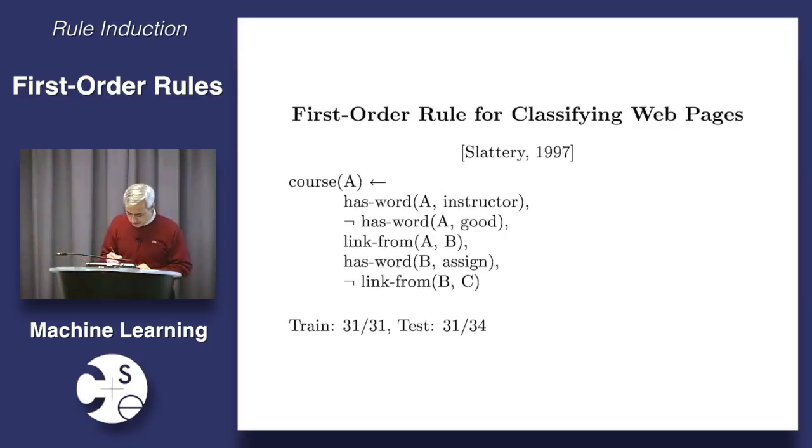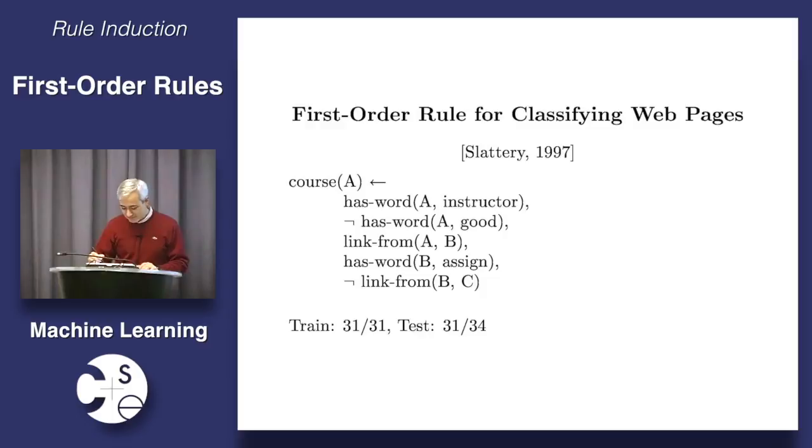By the way, this thing here, in case you're not familiar with it, is the negation sign. It means not. So what does this one say? Does not have the word good. Okay, let's keep moving and not focus too much on what that part of the rule means. I don't know. A page is a course page if it doesn't contain the word good in it. Well, this is just an empirical fact. Let's not overinterpret it. Okay?